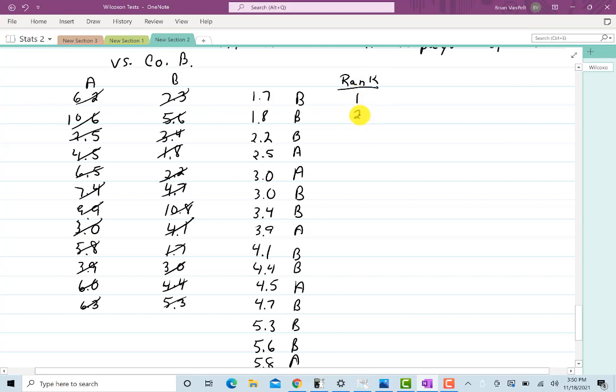That'll be 1, 2, and the only time you have to worry about 0.5s is when you've got things that are equal. So the next one is 5. The next two spots should be 5 and 6, but if you take the average of 5 and 6, you get 5.5. So that was 5, 6. And now I'm going to move on. 7, 8, 9, 10.